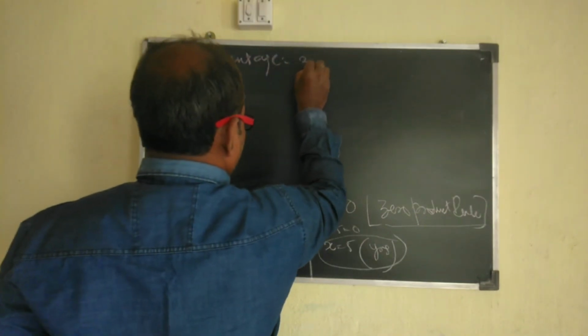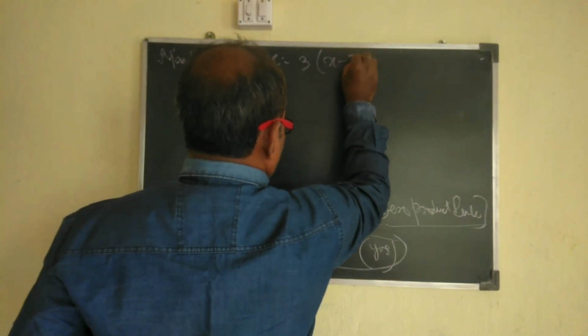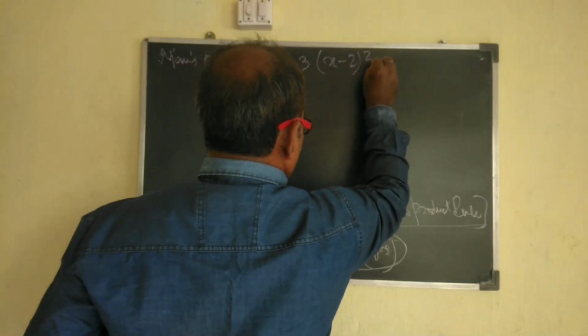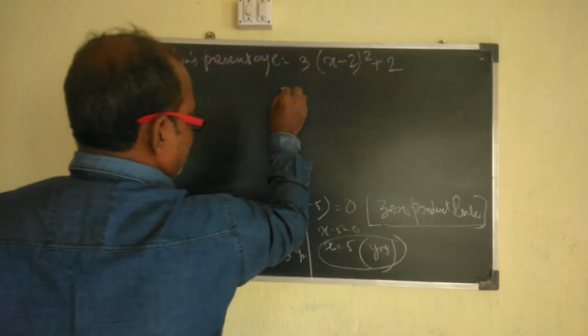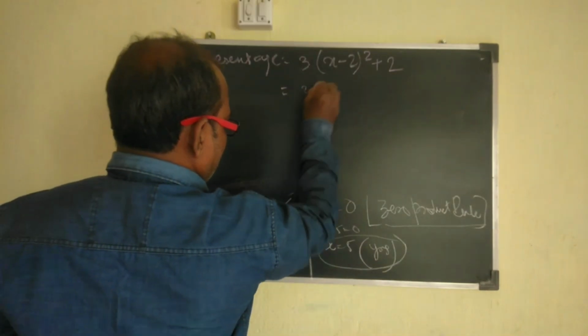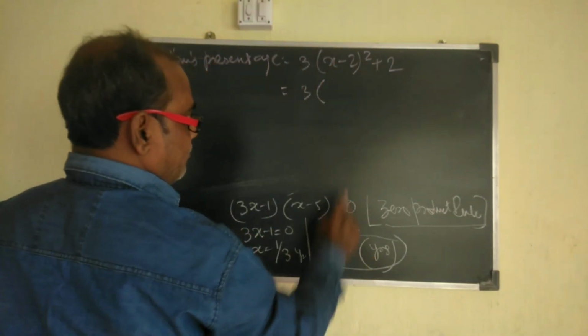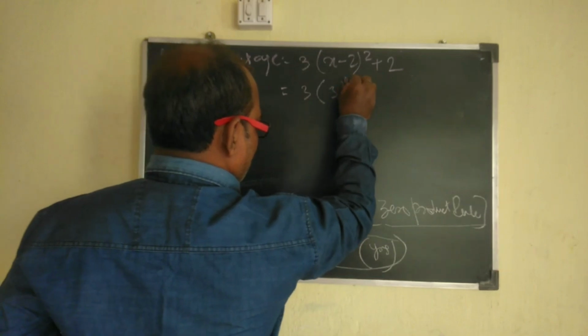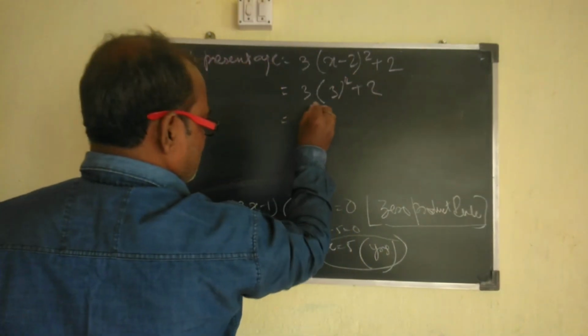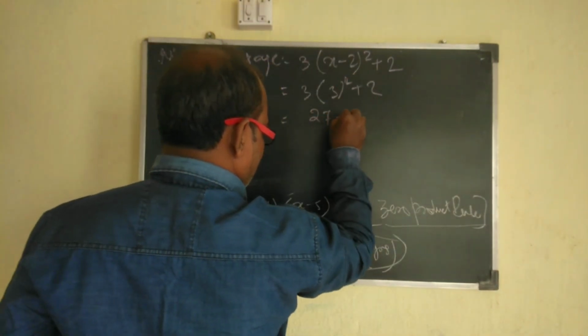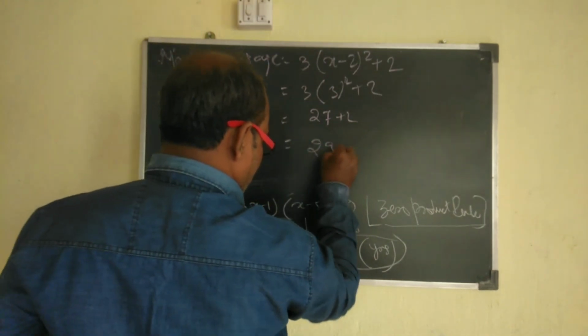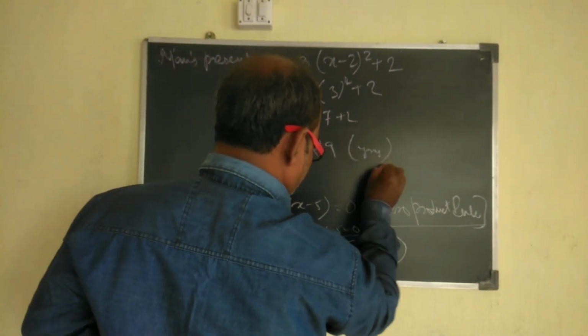We had 3 into x minus 2 whole square plus 2, which is equals to 3 into x, here 5 minus 2 is 3 square plus 2, is equals to 27 plus 2, is equals to 29 years.